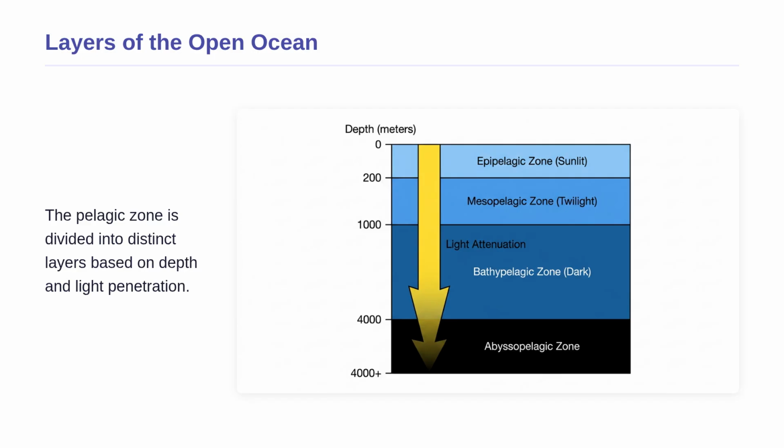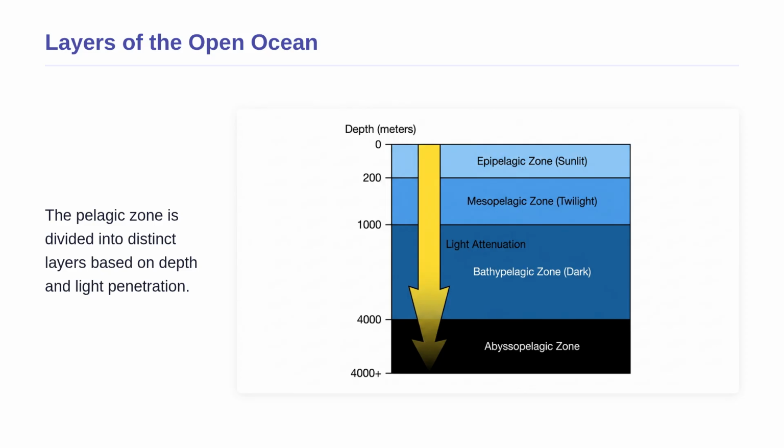Let us visualize these layers to see exactly how the ocean is structured. On the screen, you see a diagram of the water column. At the very top, from the surface down to 200 meters, is the bright epipelagic, or sunlit zone. Below that, down to 1,000 meters, is the mesopelagic, or twilight zone, where light fades rapidly.